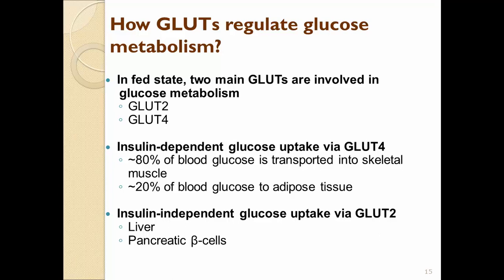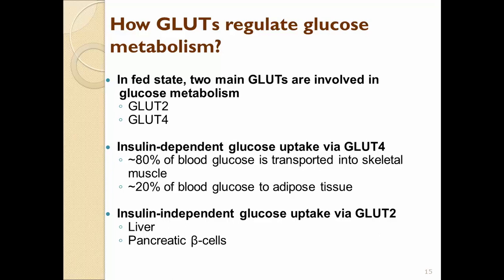And here I just give you some numbers, so you sense how important group 4 is in glucose transport in muscle and adipose tissue. 80% of blood glucose is transported into the skeletal muscle under the fed condition because of the high activity of group 4 that is insulin dependent, and 20% of the blood glucose that responds to insulin is transported into adipose tissue. So muscle is a very important tissue that takes up lots of glucose to help reduce blood glucose level in the fed condition.